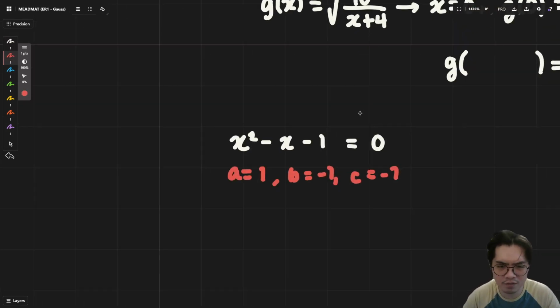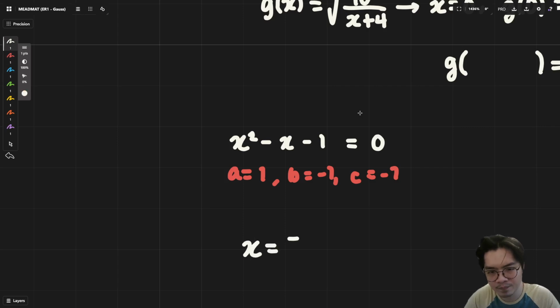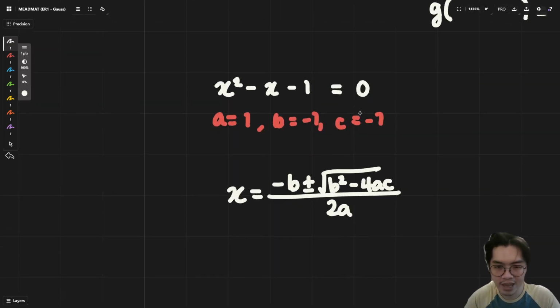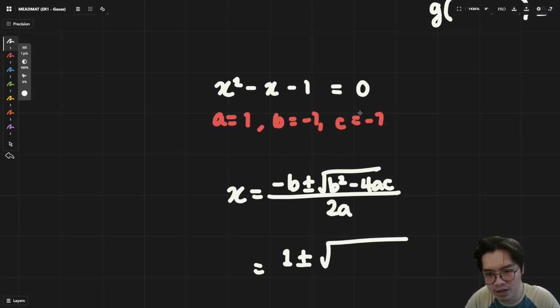And you can just put everything into your quadratic formula: negative b plus minus the square root of b squared minus 4ac all over 2a. You will have in here positive 1 plus minus, b squared is just 1. This is negative 4ac, ac is -1, so this will be plus 4 all over 2a, which is just 2.